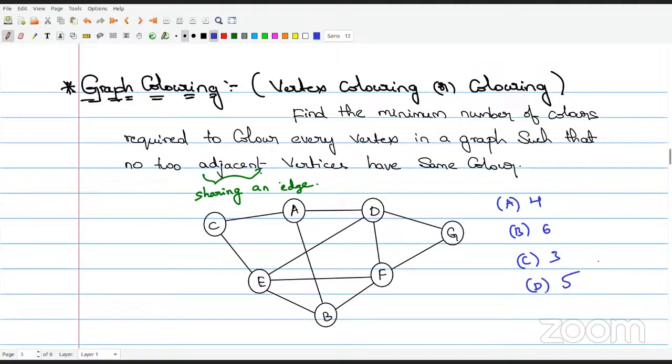As I already said, let us start with one vertex. You start coloring one vertex. Let us start by giving red color. So my first color is red. From where will we start? Let us start with vertex A. You can start from any vertex, it doesn't matter.